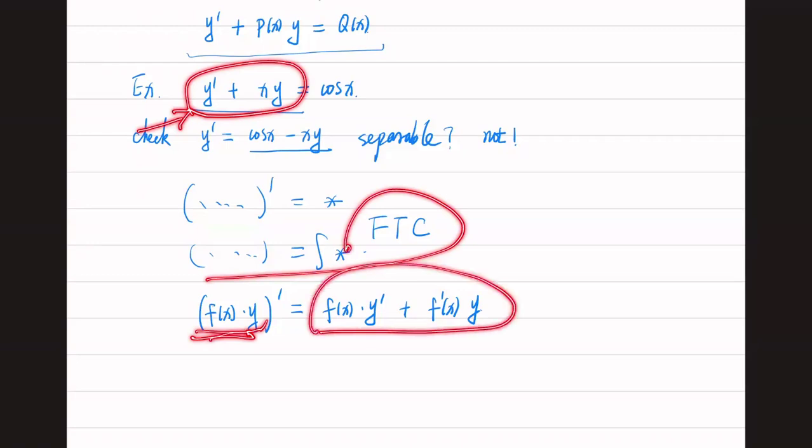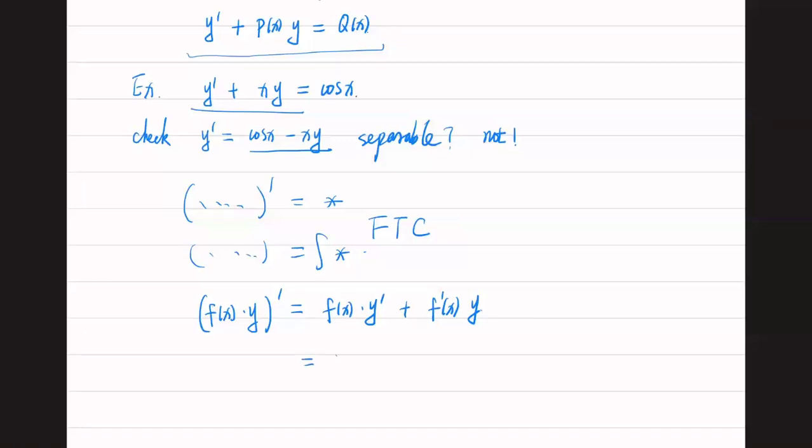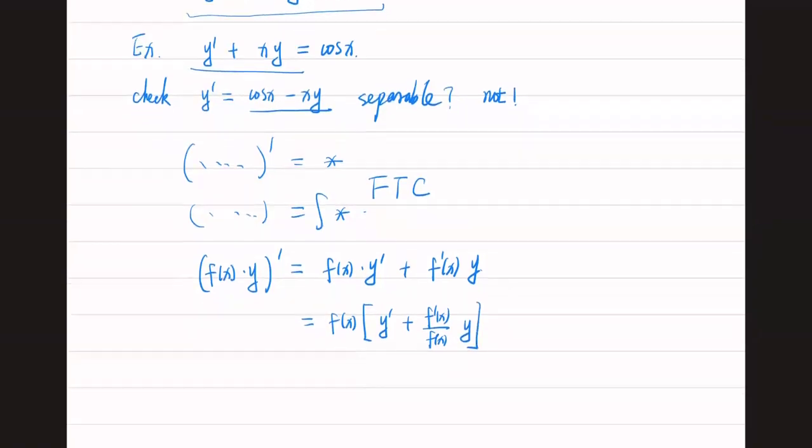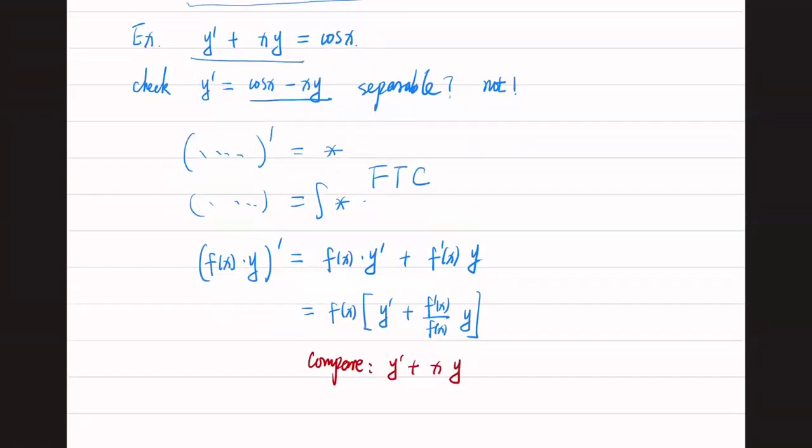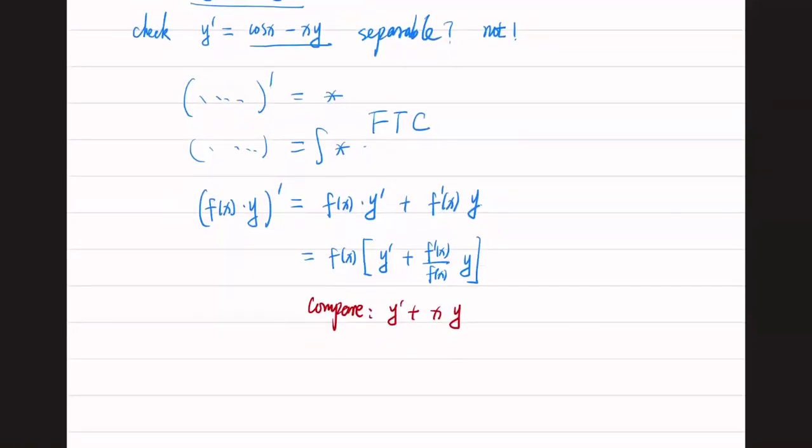Compare with this, we can multiply this by f to make the derivative of this. So this will be f of x y derivative. Now our task changes.